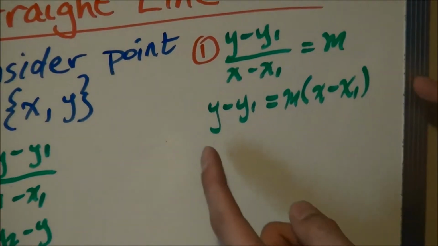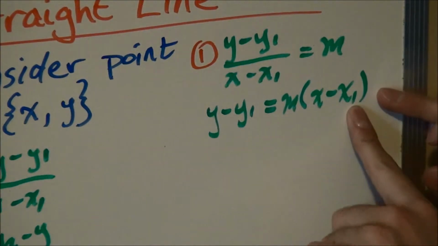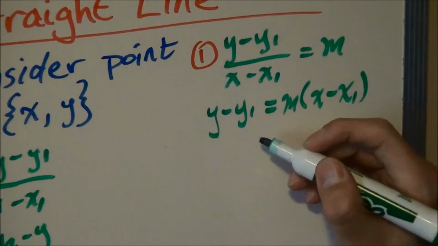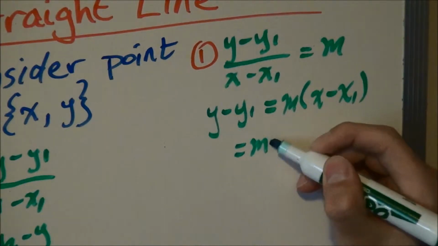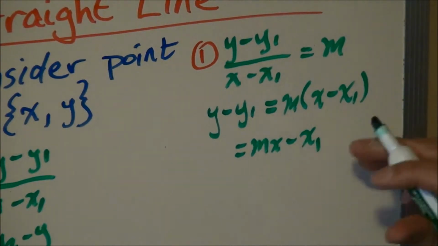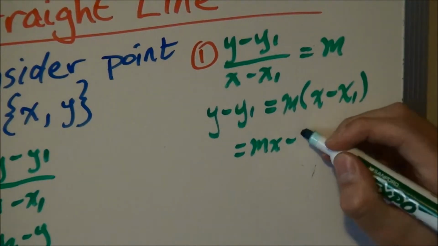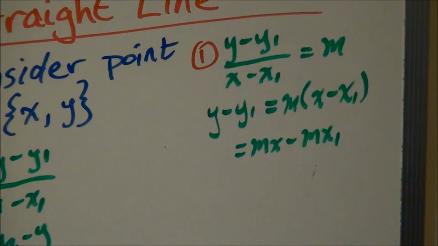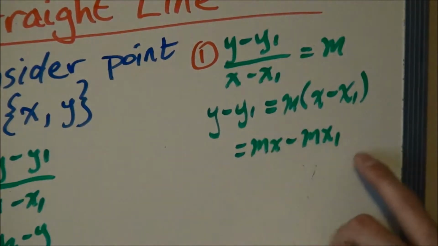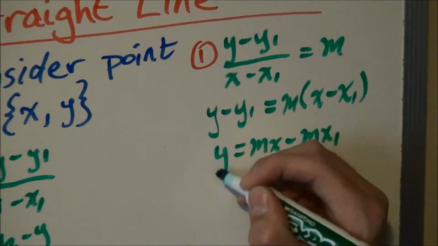Now I'm going to do a couple of things in the same step here. For one, I'll multiply through the brackets by m on this side. Oops, I forgot to multiply x1 by m when I did that. So let's rewrite that a little. But I'm also going to take y1 to the other side. Now if I do that, all that's left here is y.